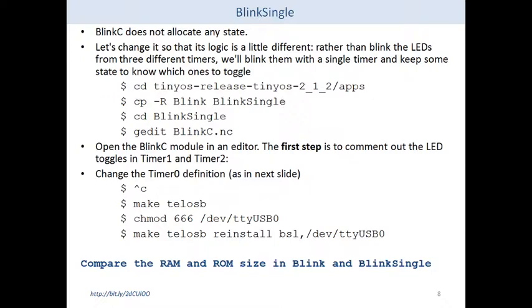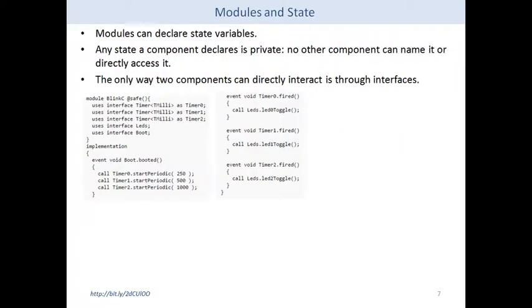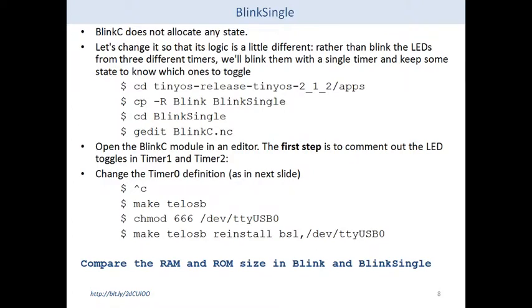Now in this video, we will modify the existing BlinkC module with the name BlinkSingle. What is the drawback with the BlinkC module? We require 3 timers in order to control 3 LEDs. What if we reduce the number of variables required?